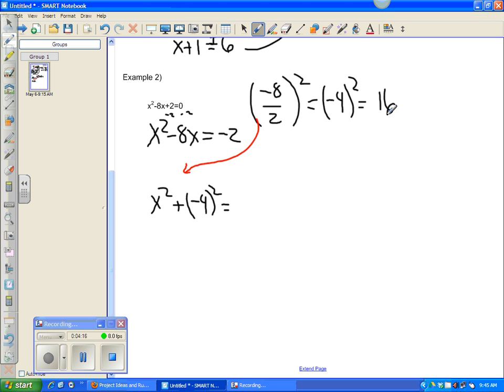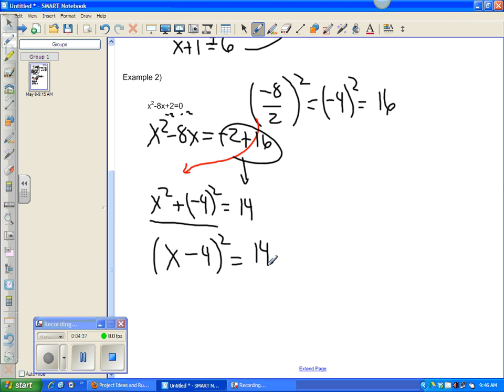And I add that to this side, which gives me, bring it down, 14. So I'm going to do that special property over here, right? And this becomes x minus 4 squared is equal to 14. Now, I need to get rid of that squared on this side, so the way I do that is I square root this and I square root this.